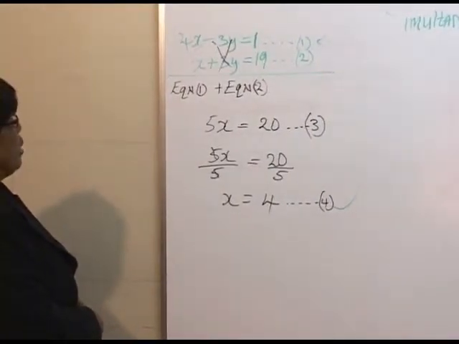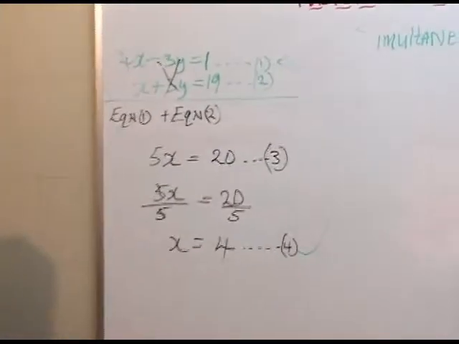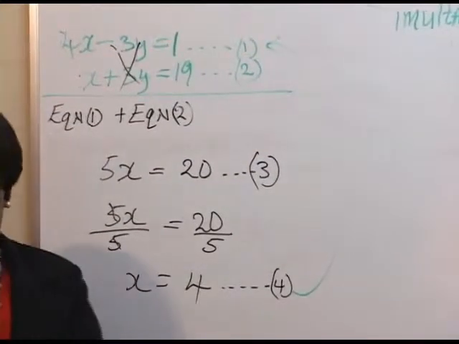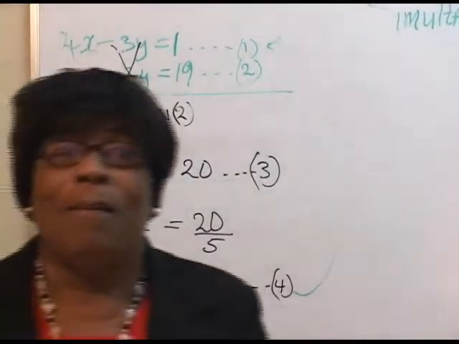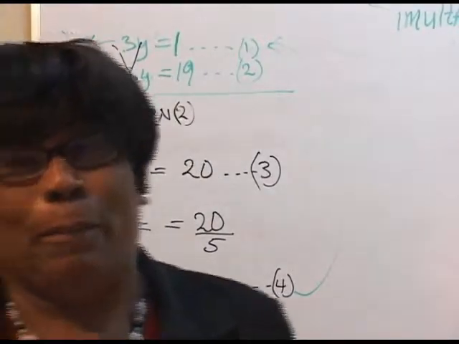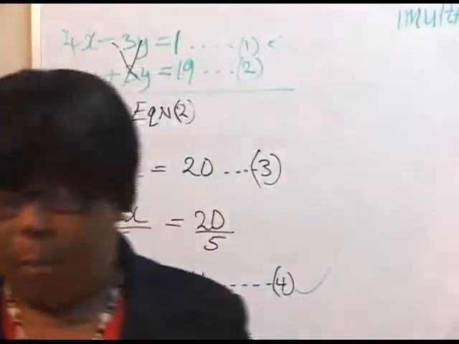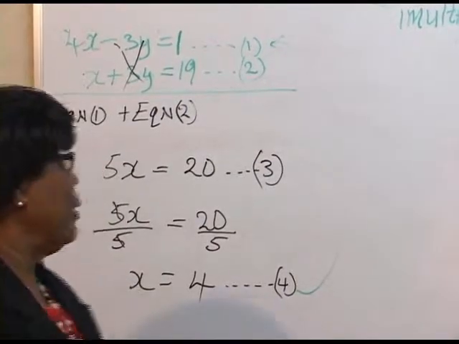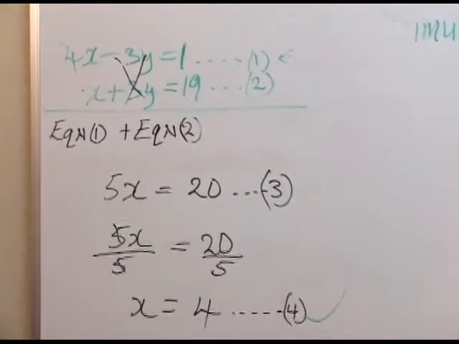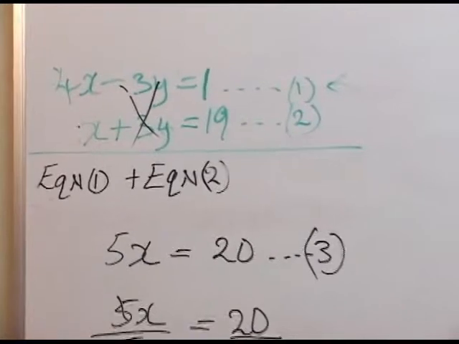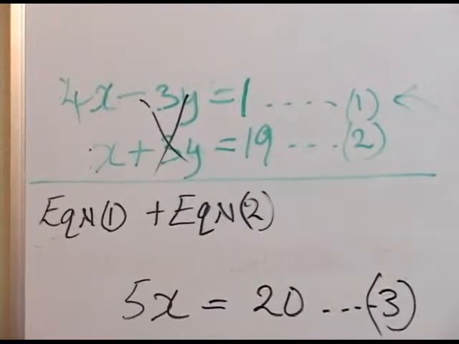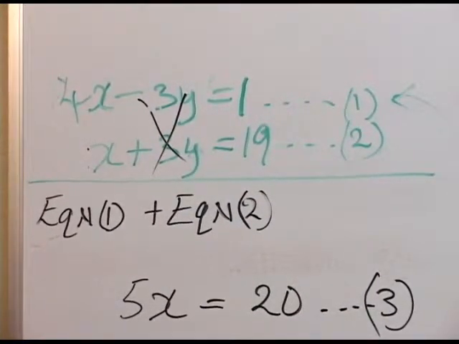Oh, we have 4x minus 3y is equal to 1, and x plus 3y is equal to 19. Which one would you be using? Does not matter, but you're right. I would use the one with 4x minus 3y is equal to 1. Or you're going to say, no, I don't want to use that. We will use both of them to show you, okay?